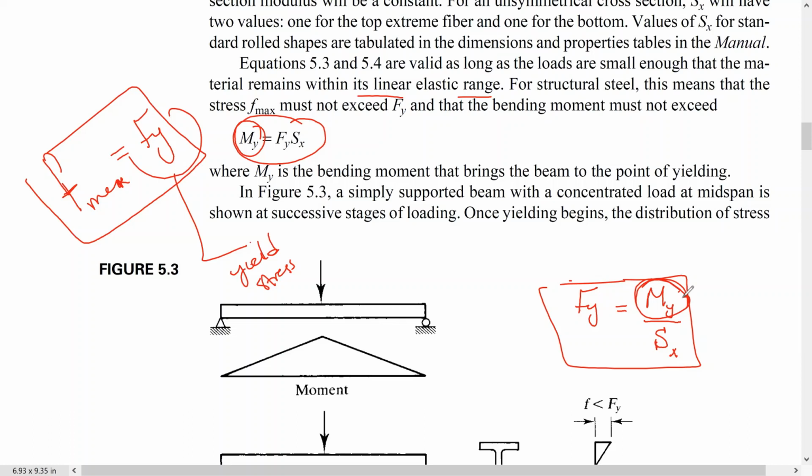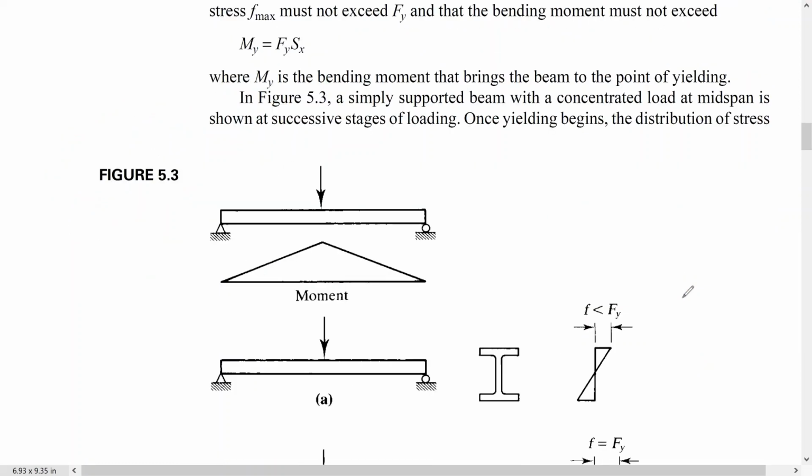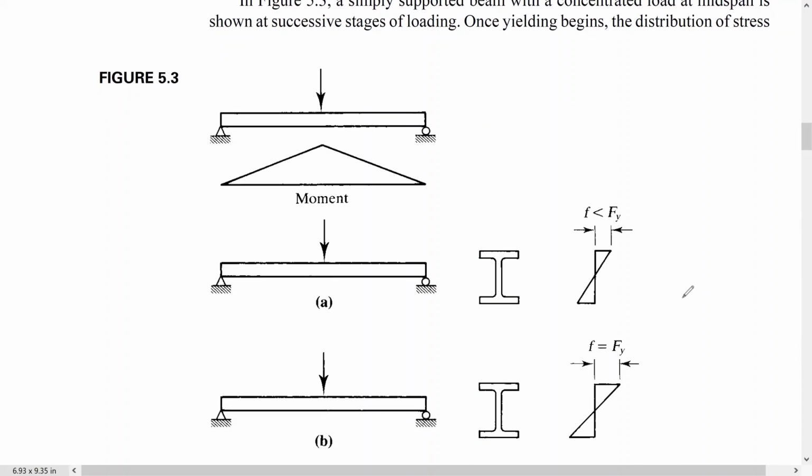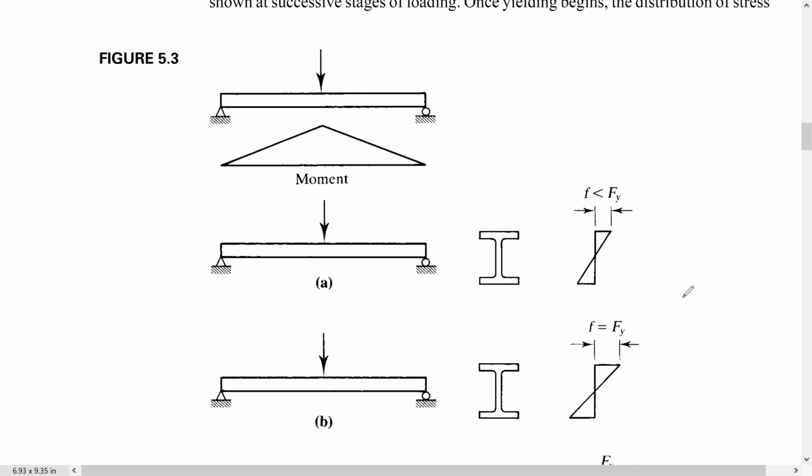So let's take this example. This is going to be a good example to show you how the load will be increased and how it will affect the cross section.